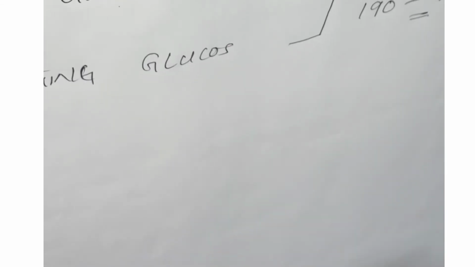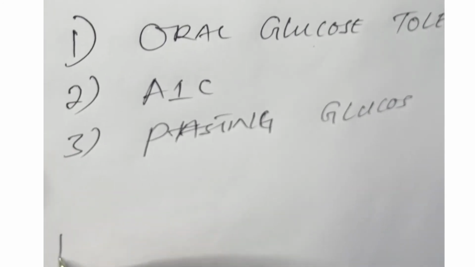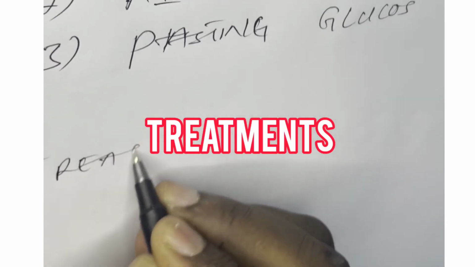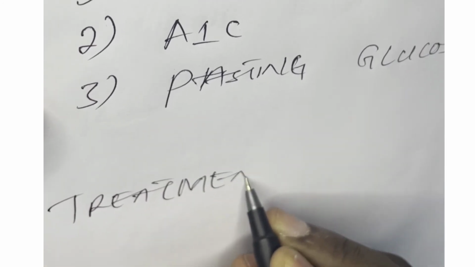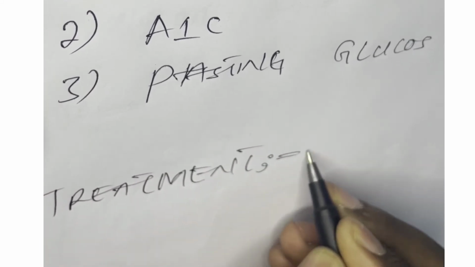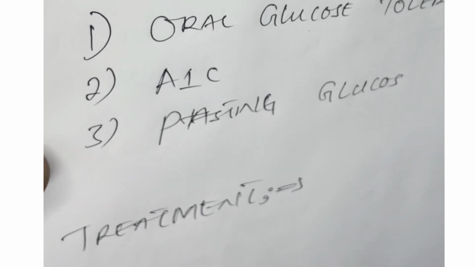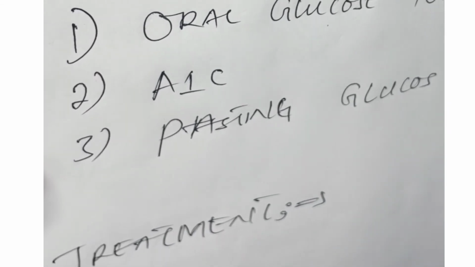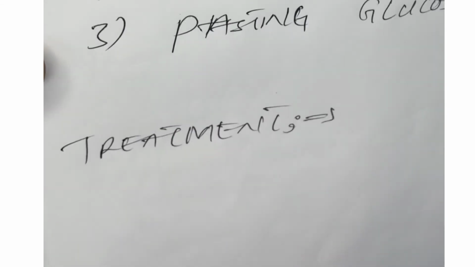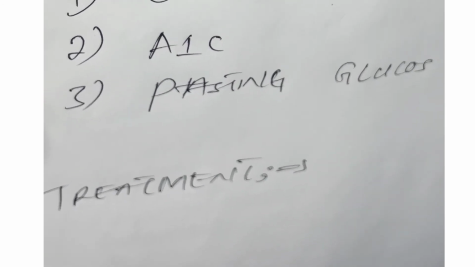Then now we are going to our last and final part, which is treatment. In this part, we are going to know how to treat diabetes. Even though diabetes is categorized into many categories, as I said, we have type 1, type 2, and gestational diabetes, but gestational diabetes is not always that considerable.